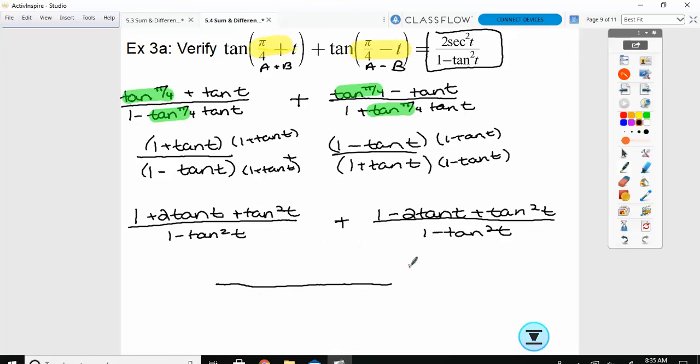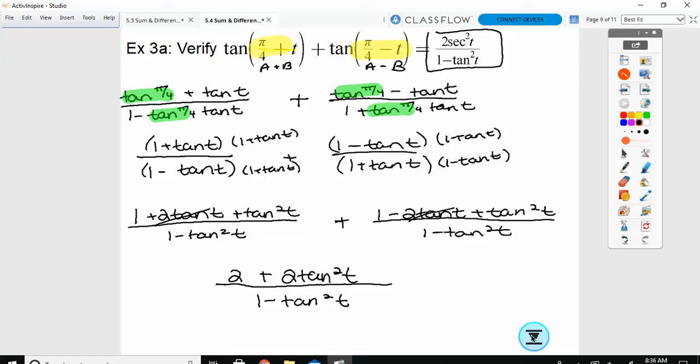What happens now? We can combine because we have the same denominator. 1 plus 1 is 2. 2 tangent t and negative 2 tangent t cancel. Tangent squared t plus tangent squared t is 2 tangent squared t. Okay, look at our goal. We want the 1 minus tangent squared on the bottom.